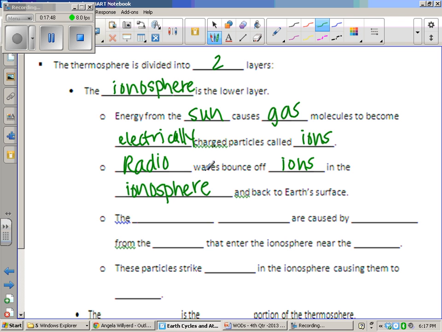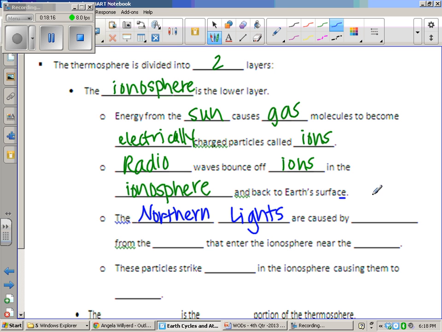So when you want to talk about how do you get a radio signal or a TV signal or even cell phone service, they're bouncing off the ions in this layer of the thermosphere, which is the bottom part of it, called the ionosphere. There's also something that's really beautiful called the Northern Lights. And on page 21 in your book, you can see a picture of the Northern Lights.